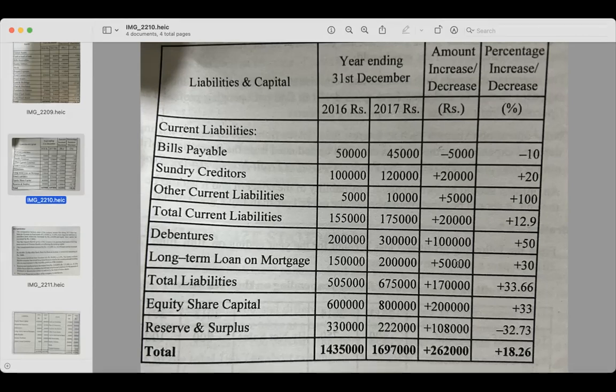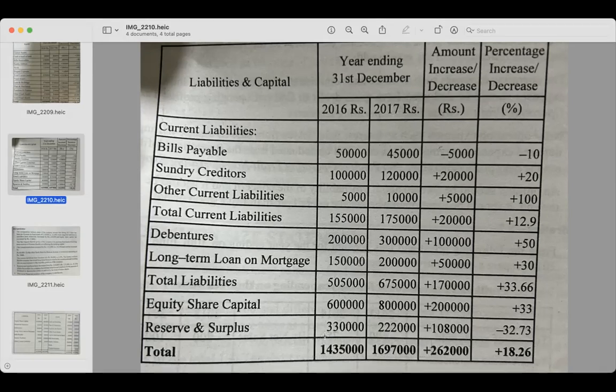There's a 1,70,000 increase in the total liabilities, which is positive sign. 1,70,000 by 5,05,000 into 100, 33% increase. Then equity capital 6 lakhs in the first year, 8 lakhs in the second year.